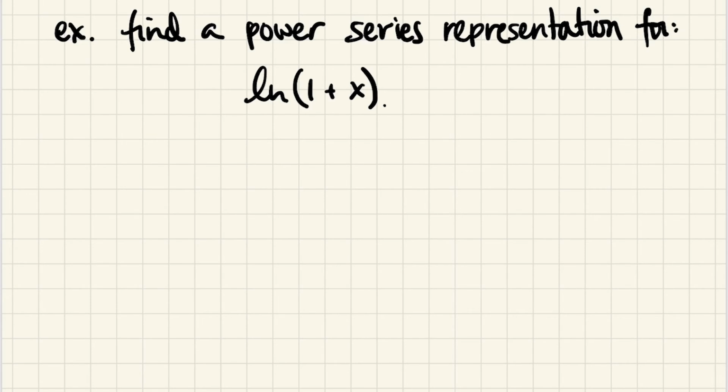Okay, let's find a power series representation for the natural log of 1 plus x. Well, there's certainly nothing algebraic that will connect this with the bridge that we know, the geometric series form of 1 over 1 minus x. But of course, we're only one calculus move away from that form.